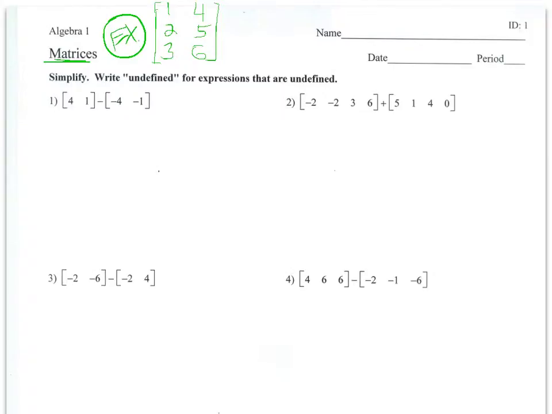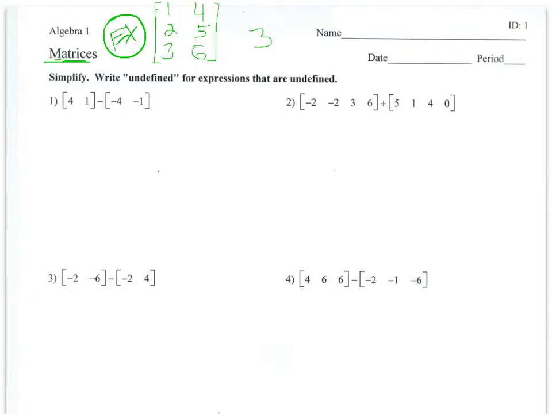Okay, now before we even add or subtract, you can see I have this example in green. You can only add or subtract two matrices if they have the same number of rows and columns. So if I look at this first one in green, I have 1 row, 2 rows, 3 rows. So I have 3 rows, and this is the first column, this is the second column.